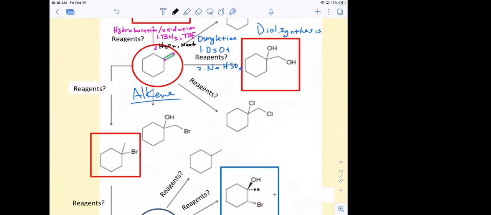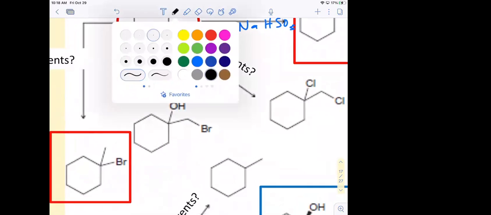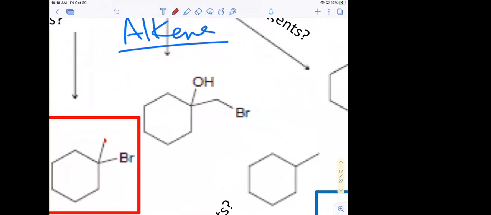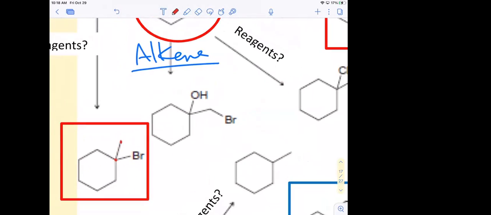What do you think? What did I do to the alkene? Here are the two carbons, in case the way it looks is confusing you. The two carbons in the alkene are here and here. So what did I add to those two carbons?